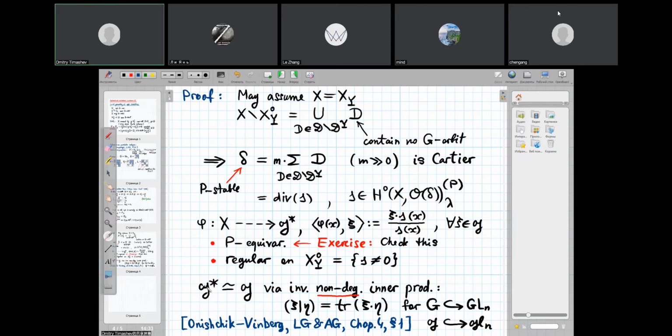You may forget about what was before. You just consider a reductive algebraic group and its Lie algebra and so on. This is a kind of digression, but I need this digression to proceed with the proof. So maybe I would put it like this to make the proof more structured. This is the first step, and this is the second step, which is a digression.